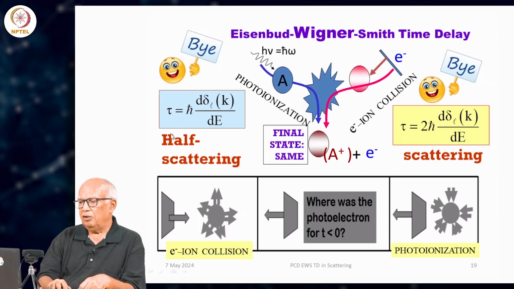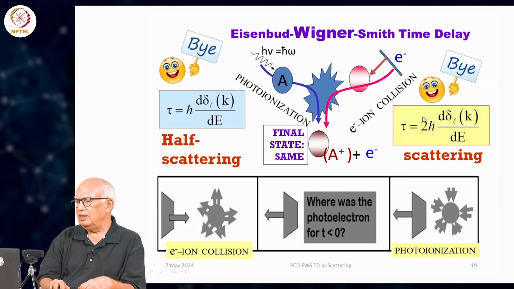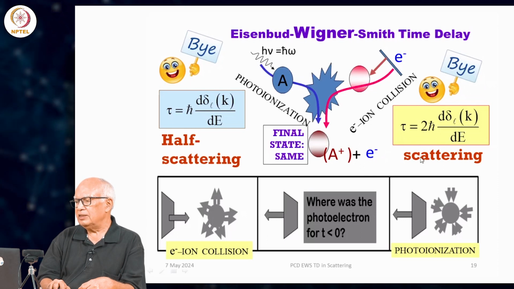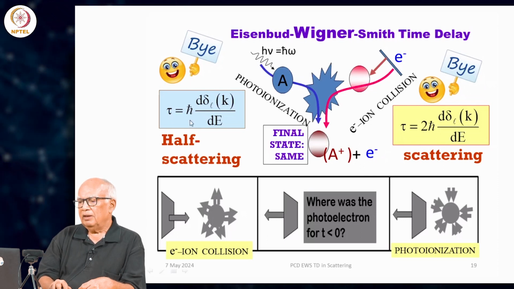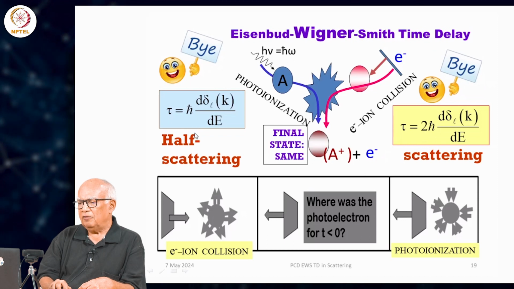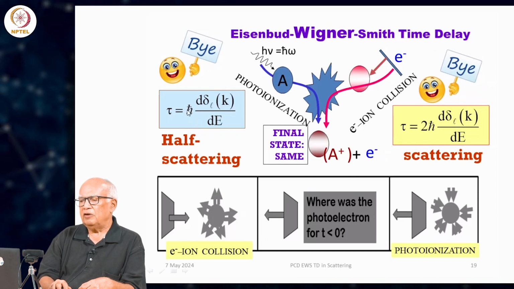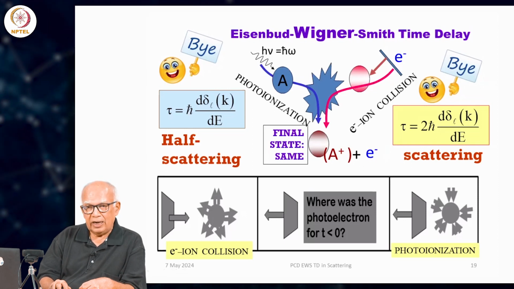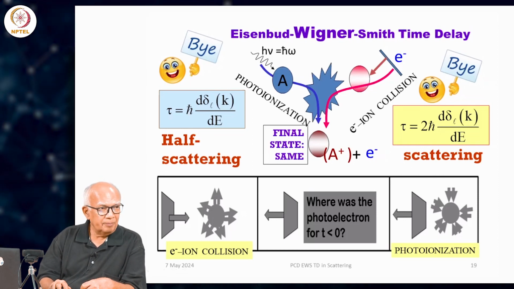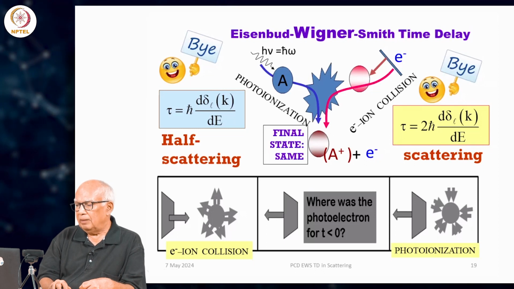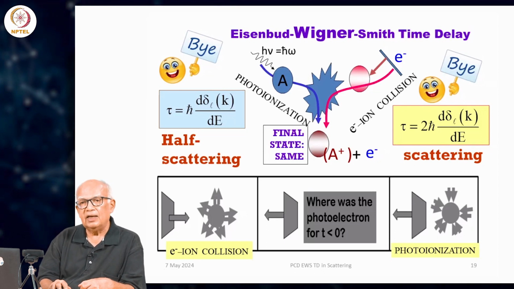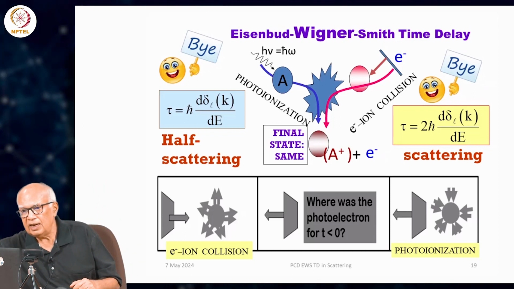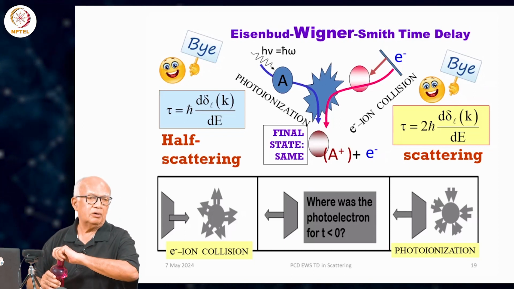So here I already have a result which you would have noticed, that this is the scattering time delay, which has got a factor of 2 in scattering, but when I talk about half scattering for photoionization, this factor of 2 is dropped, and now you see why it is dropped. Okay? So we will pick up the discussion from this point in the next class after lunch. If there is any question, we can certainly discuss, otherwise we can disperse for lunch.